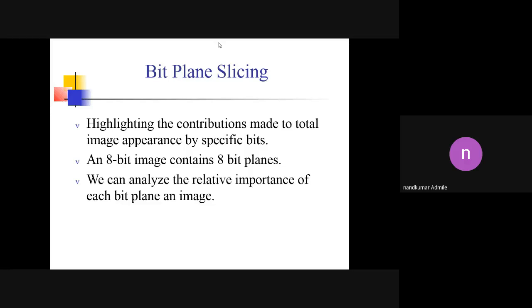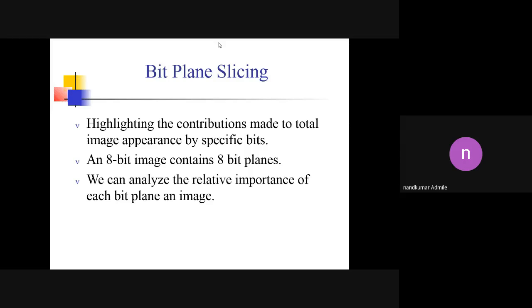If any image consists of 24 bits, it can be called full color image processing. There might be an MCQ question: what is full color image processing? The RGB color image can be represented with a 24-bit unit size.